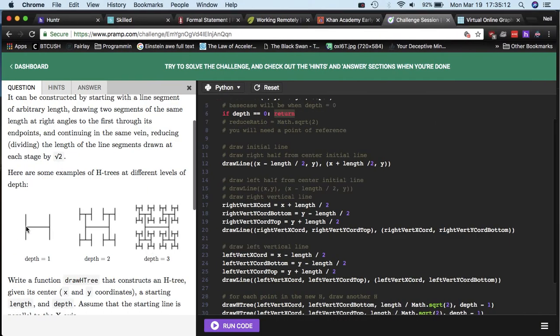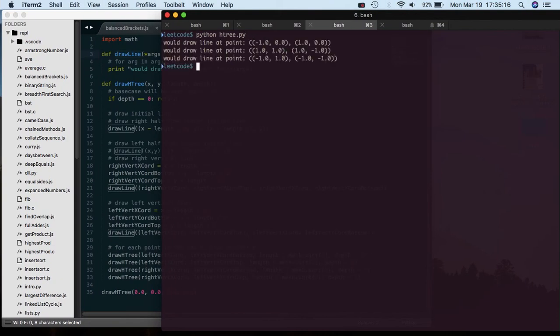We should expect this line drawn, this line drawn, and this line drawn. So it would draw a line from the very left to the right, all on the x-axis, and then it would draw the very top right to the bottom right, and then top left to the bottom left, right?